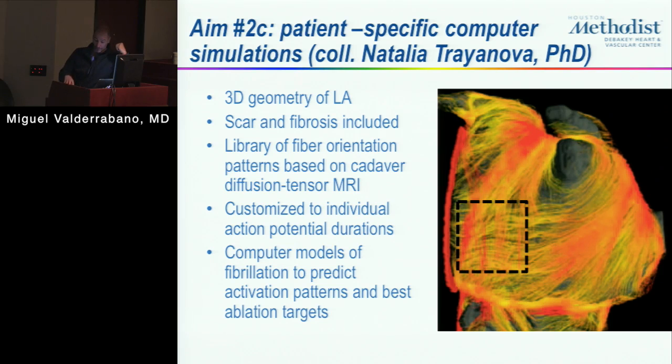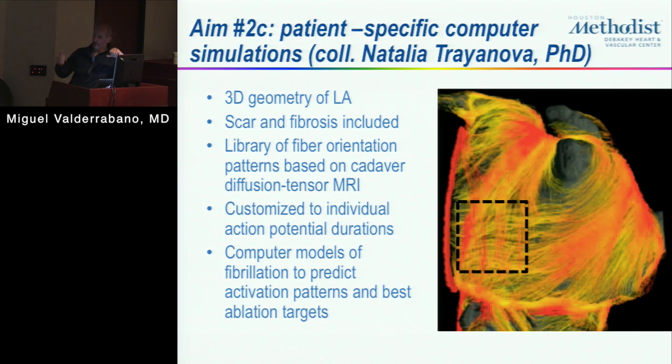What I wanted, in collaboration with her, is we take our patients, we get the MRIs and the fibrosis, we measure a crude estimate of action potential duration or refractoriness with catheters in the procedure. So we give her a regional map of action potential alterations.